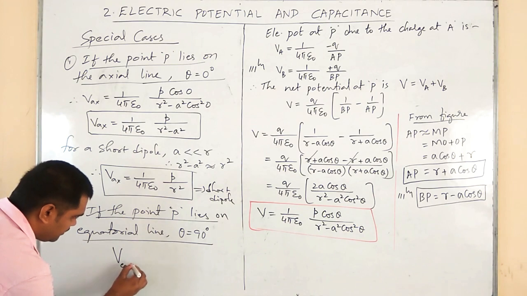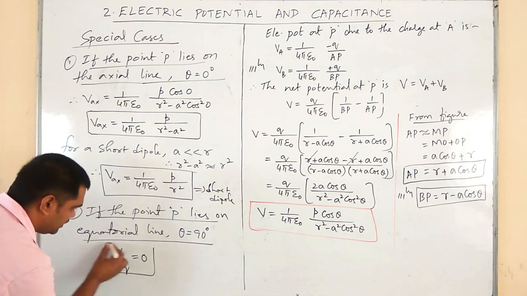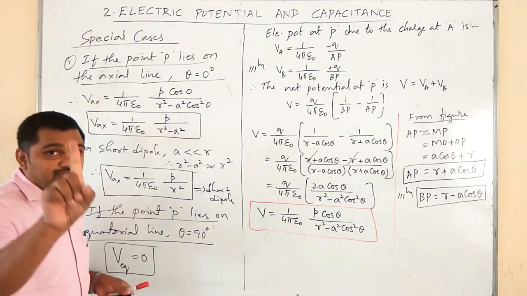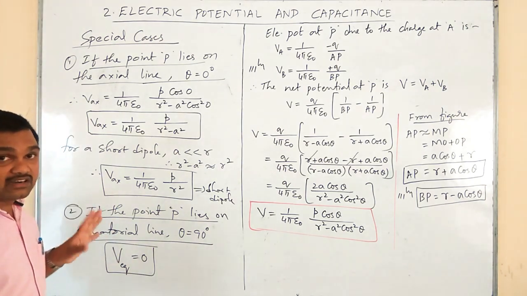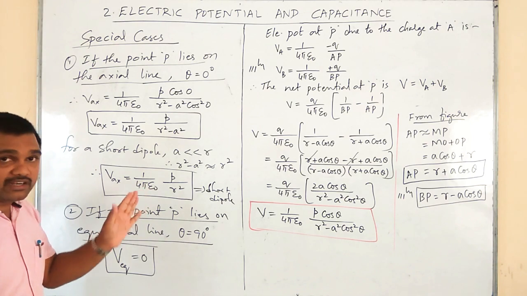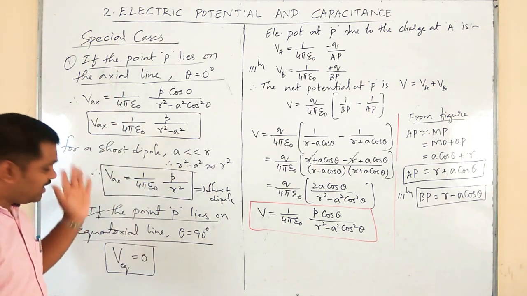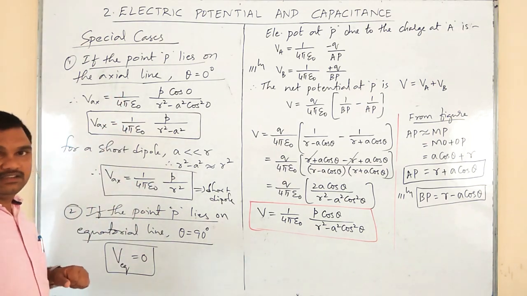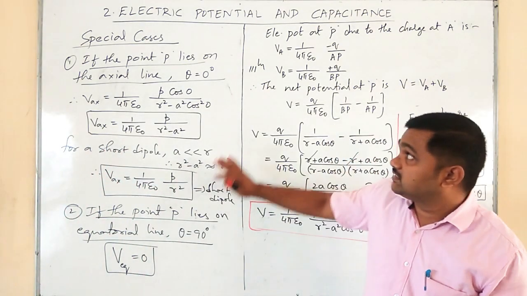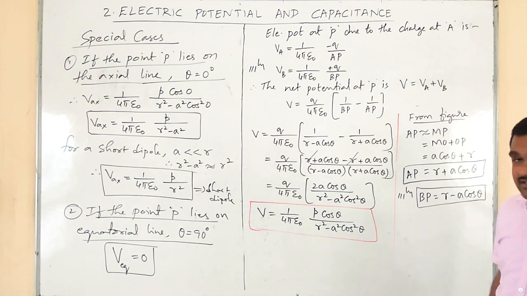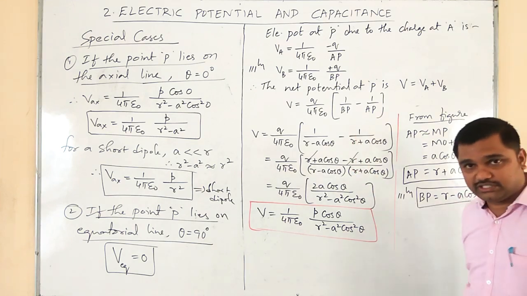Therefore, V equatorial is equal to 0. An important question for 1 mark. Please remember, the value of electric potential at a point on the equatorial line of an electric dipole is a big 0.